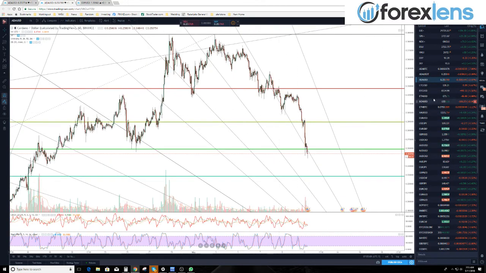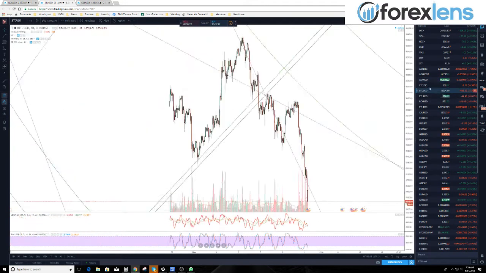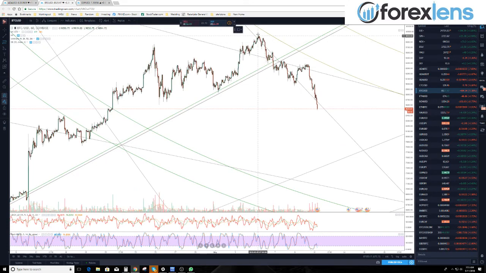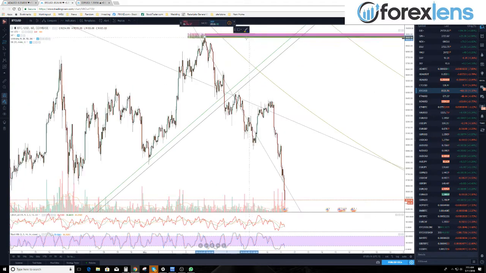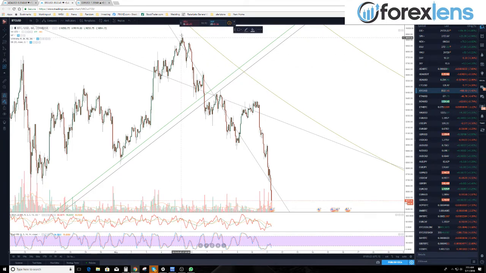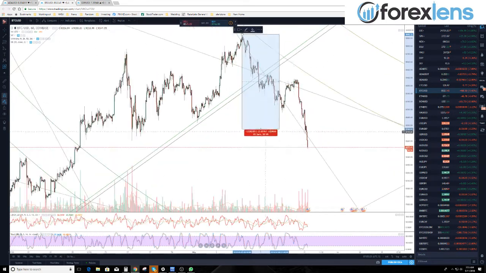Yeah, if you think about it, if we look at these cryptos, look at Bitcoin for a second. From over the last weekend and into Sunday to now, if we measure the move, this so far has been a 14.5% corrective move.